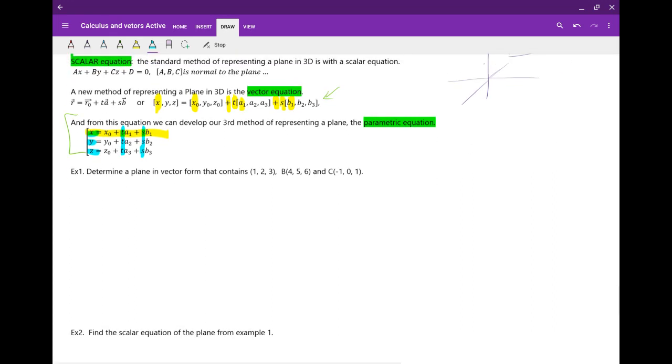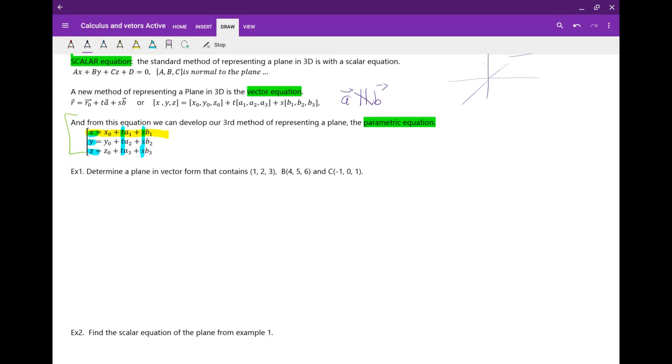Anyway, what I'm going to do here is determine a plane in vector form that contains... I wanted to mention, by the way, before I move on, in order for you to successfully define a plane, A vector and B vector cannot be parallel to each other, right? They can be perpendicular, they don't have to be perpendicular, but they cannot be parallel, right?